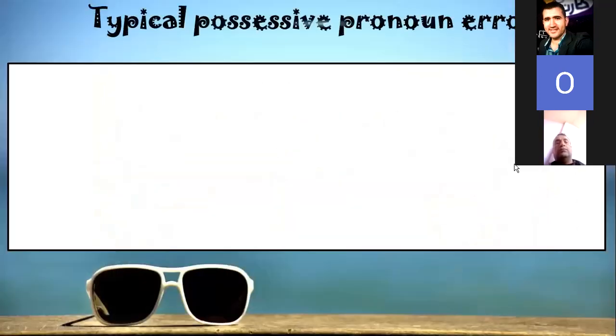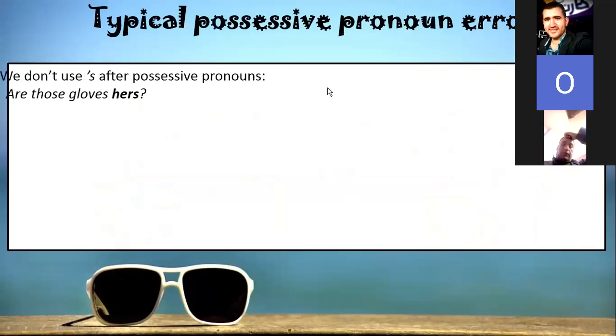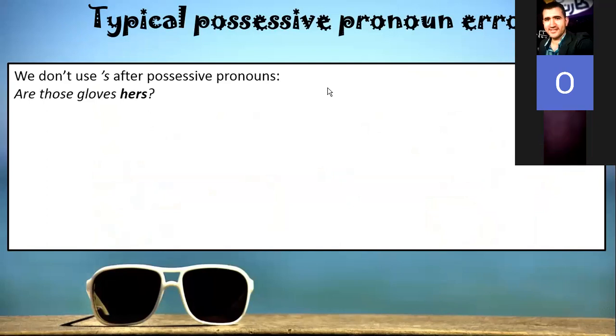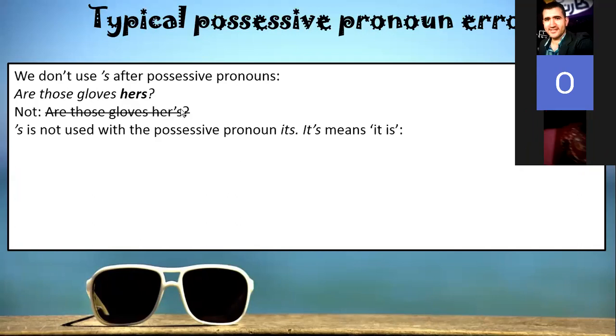Other common mistakes, typical possessive pronoun errors. We don't use apostrophe S after a possessive pronoun, because apostrophe S means there's a noun after it. Like Ahmed's car. Ahmed's car means this car belongs to Ahmed. Are those gloves hers? Are those gloves belonging to her? So don't say hers' like this. The apostrophe S is only used with nouns, not pronouns.